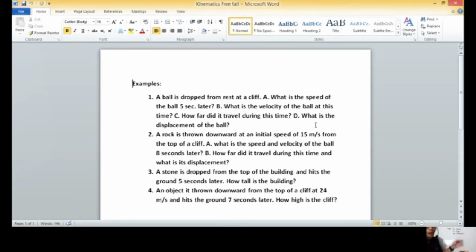It is still negative since it's going down. It is not thrown up, it was just dropped. Required is the distance. When we say distance, it is the height of the building.